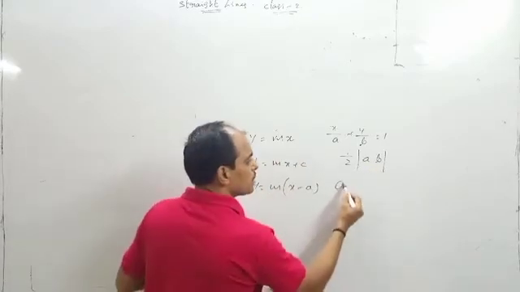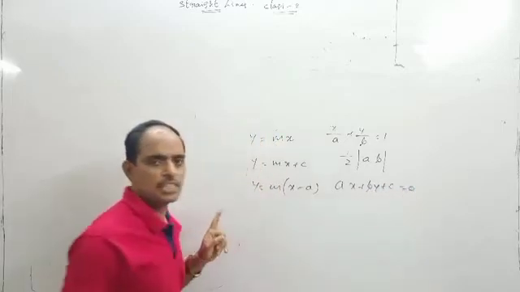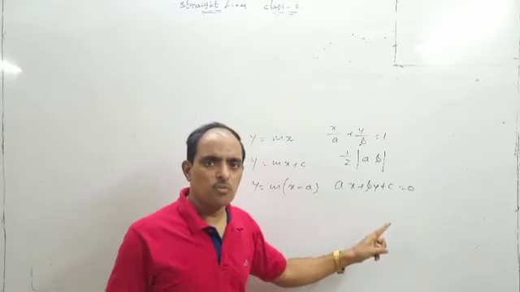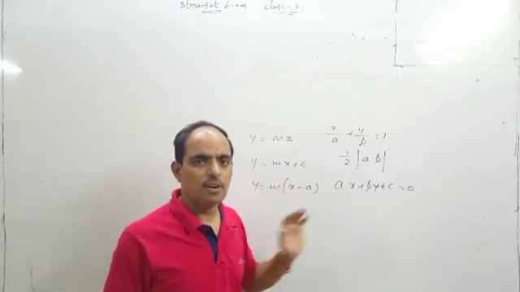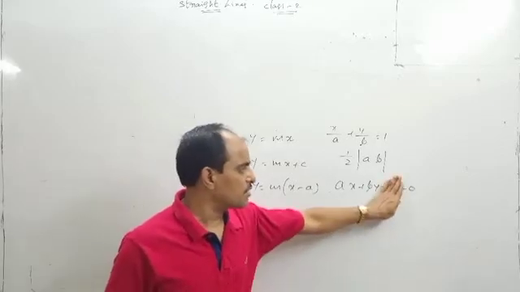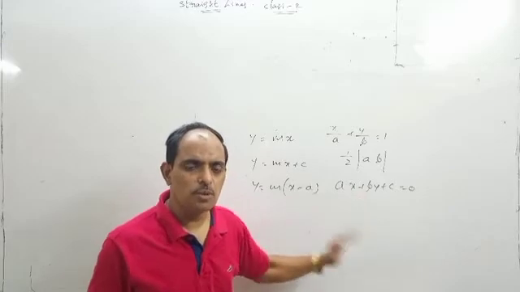Next, this is the general formula: ax plus by plus c is equal to 0. General equation of a straight line or standard form of a straight line. If c is equal to 0, constant is zero, that line is always passing through origin.